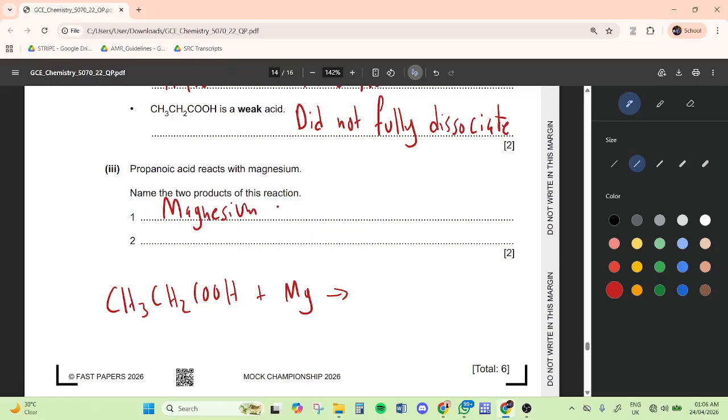Magnesium propanoate. And you're going to release hydrogen gas as a byproduct. So your product is going to be magnesium propanoate, and your other product is going to be hydrogen gas.